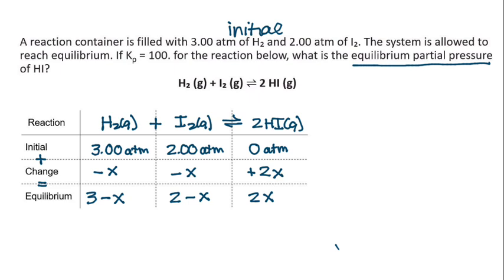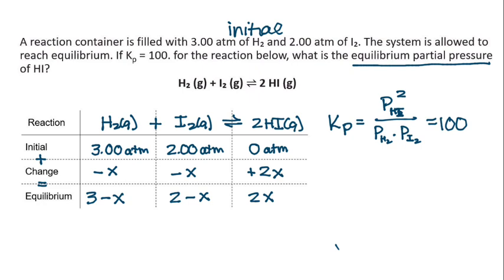Okay, so now we need to solve for x. I know that at equilibrium, the ratio of the products to the reactants will follow the law of mass action. So I know that this ratio will equal 100 at this unspecified temperature.